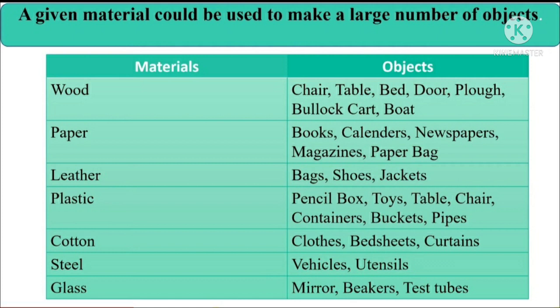For example, paper is a single material and is used for making many objects like books, newspaper, magazines, etc. Like that, glass is a single material and is used for many objects like mirror, beakers, test tubes, etc.